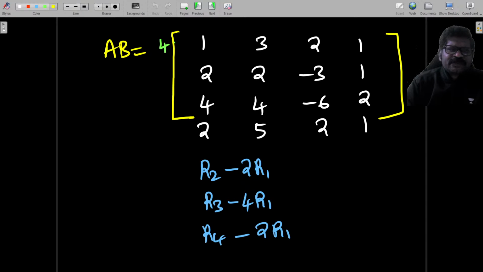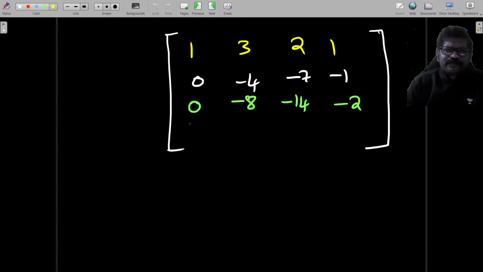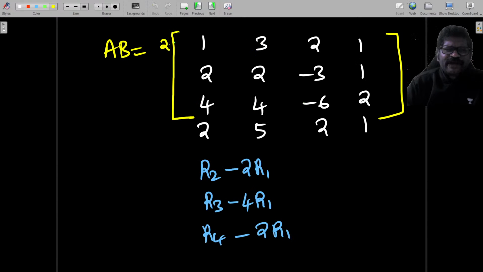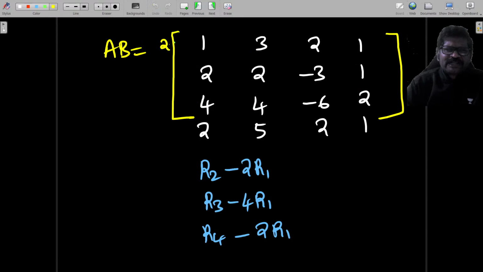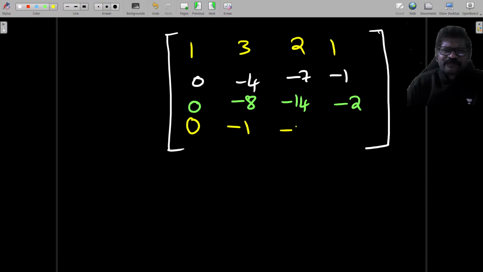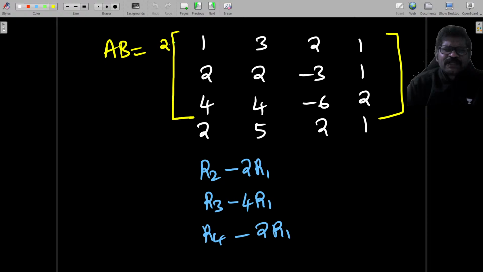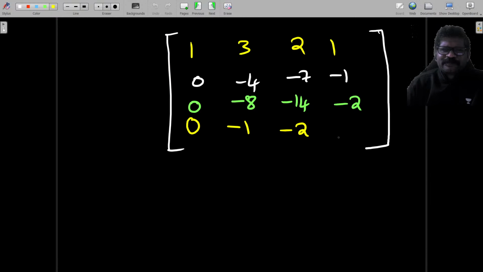Next, R4 minus 2R1: 2 minus 2, 0; 5 minus 6, minus 1; 2 minus 4, minus 2; 1 minus 2, minus 1.